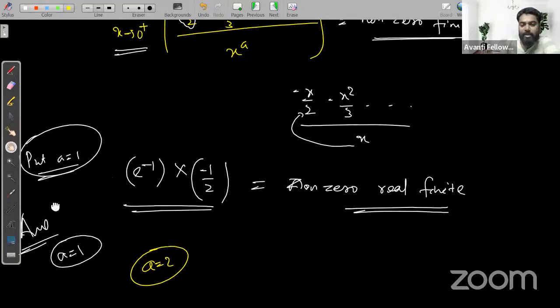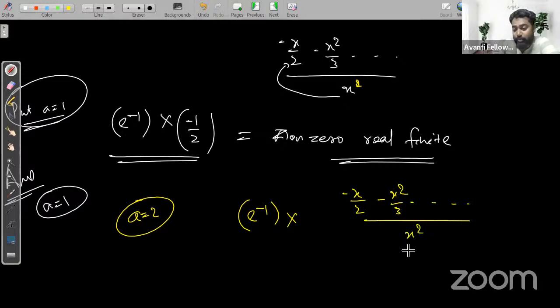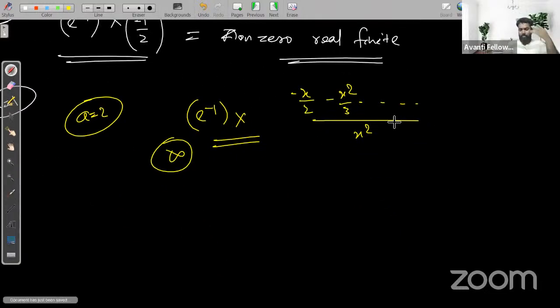Let's check. The limit will be e to the power -1 into (-x/2 - x²/3 and so on) divided by x². When you divide by x², you get something upon x, which means 1/0, that is infinity. Something like this is coming. So in this type of question the limit goes toward infinity. You can check, try it. If you divide by x², it will give you -1/(2x) and 1/3. Similarly, when we put the limit x tending to 0 plus, it goes towards infinity.